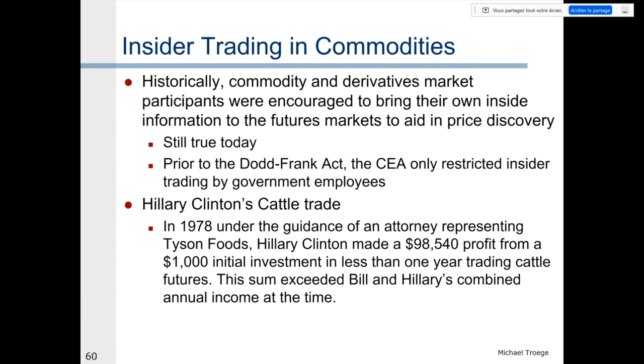Normally, these kind of gains would immediately lead to an insider trading inquiry. If you make $100,000 from $1,000 of investment in a year, that's very suspicious, and normally you have the SEC trying to understand what's going on. Not in the cattle market, because again, in the cattle market there's no insider trading.